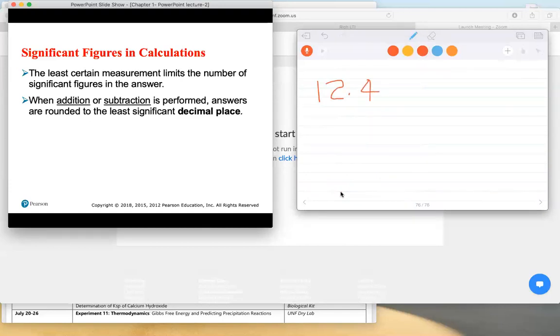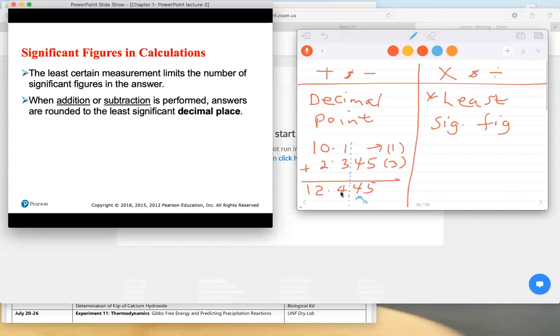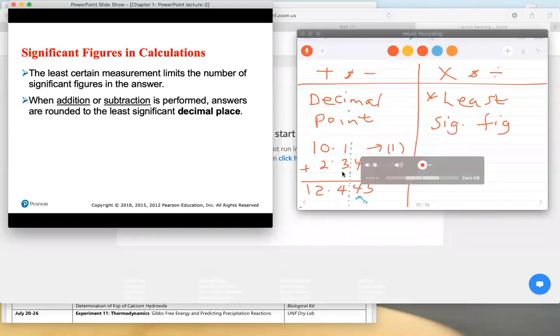This is 12.4 because of one place of decimal. If the other one had no place of decimal, my final answer will have no place of decimal. If the first number here didn't have any place of decimal, it's just going to be 12.